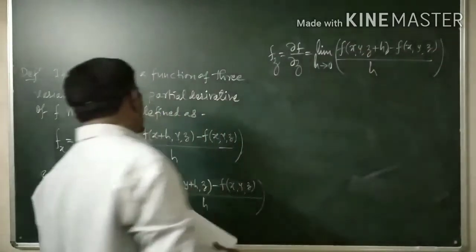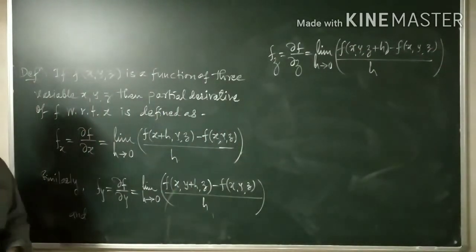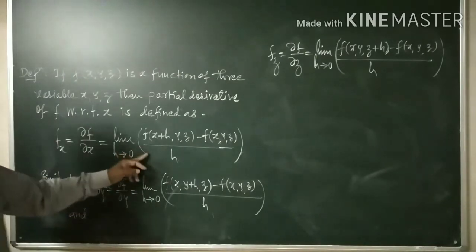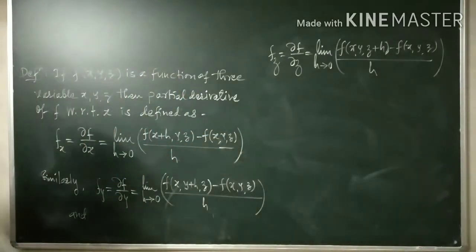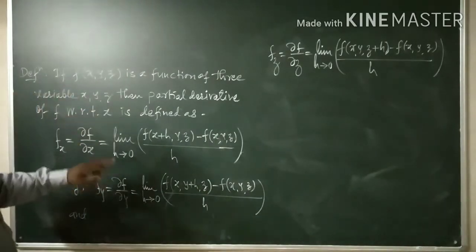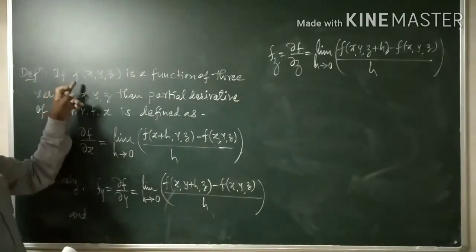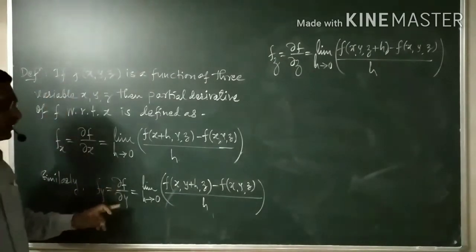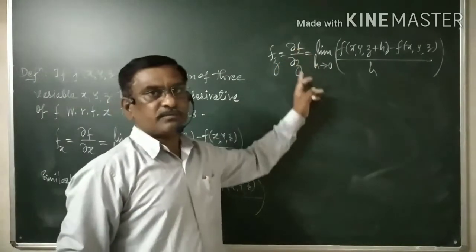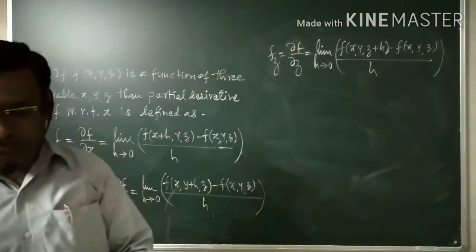When these three limits exist and are finite, then we can say that the partial derivative of f with respect to x, the partial derivative of f with respect to y, and the partial derivative of f with respect to z exist.